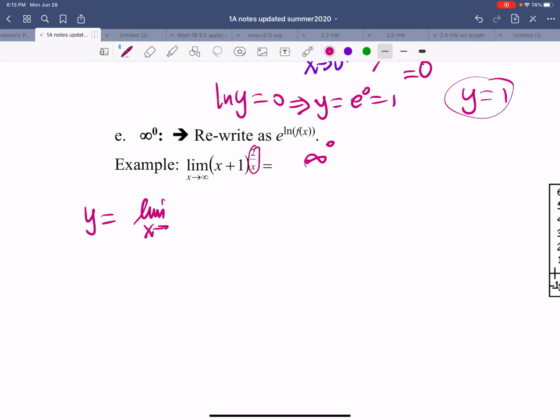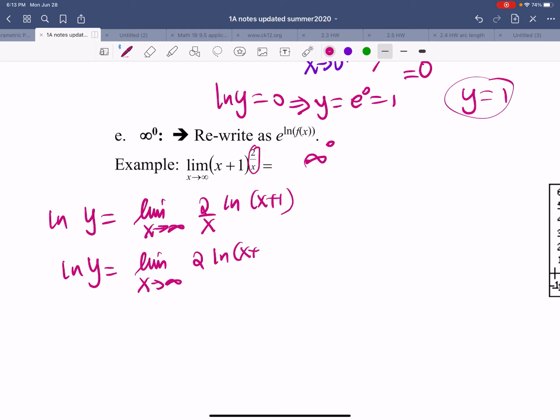So limit as x approaches infinity of 2 over x times natural log of x plus 1. Natural log on both sides of y. Limit as x approaches infinity of 2 natural log of x plus 1, over x. Let's see where this goes, if we can apply L'Hopital's rule or not. When x goes to infinity, where does the natural log of x go?